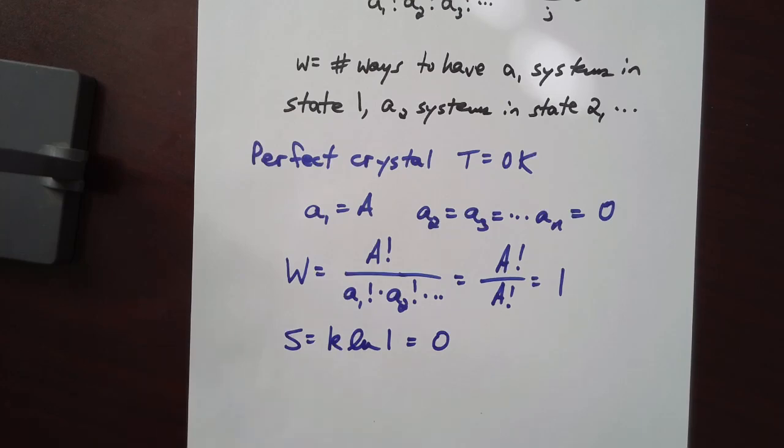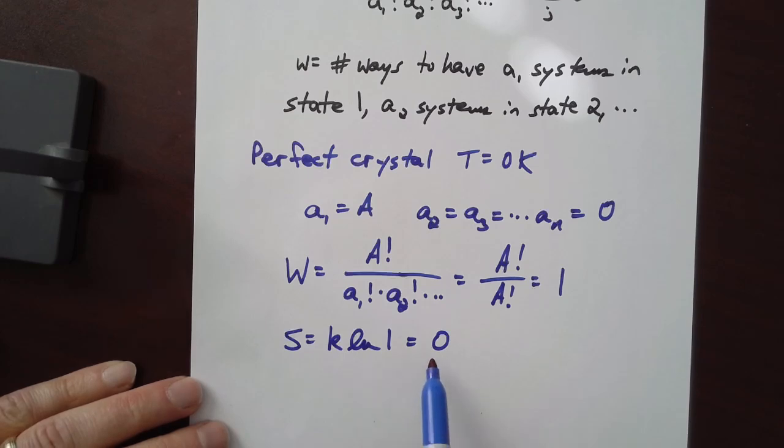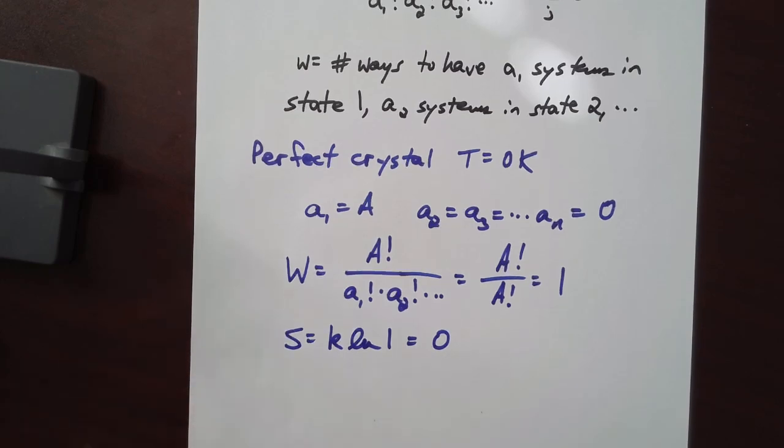And this is the third law of thermodynamics, that the entropy for a pure crystalline substance is 0 at 0 Kelvin. All right, so I think we're going to stop there. I've got one more example to look at for entropy, and I'll do that in the next lecture.